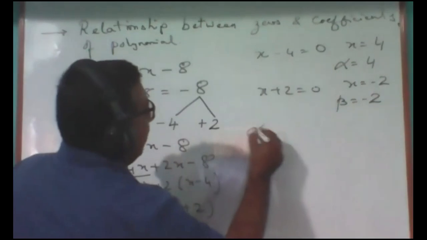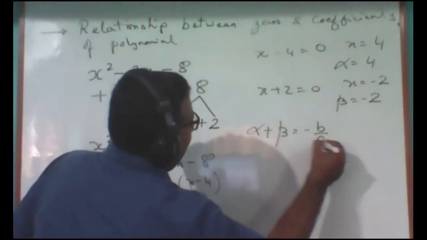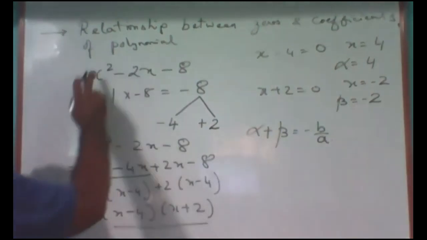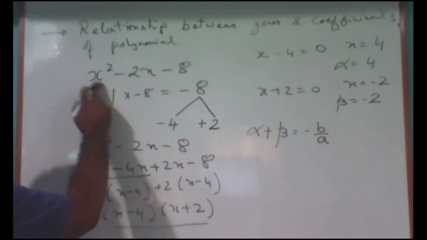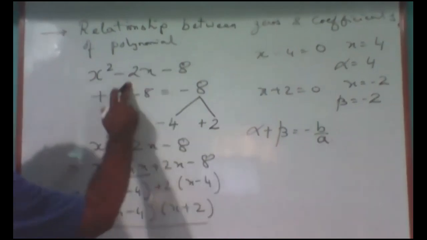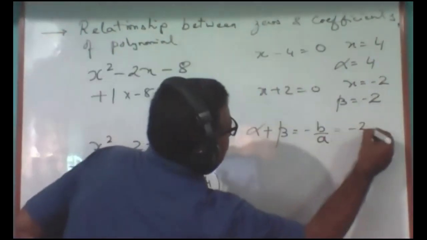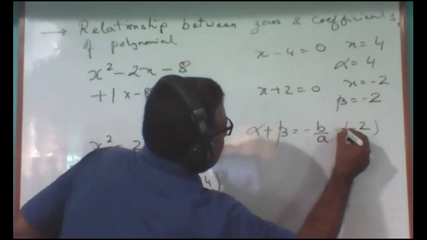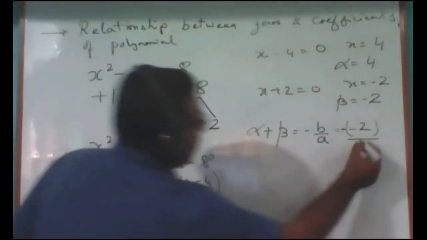So alpha plus beta is minus b by a. Now compare this given equation with the standard form ax square plus bx plus c. What is in the place of b? It is minus 2. That means minus of minus 2 upon a. What is in place of a? It is 1.